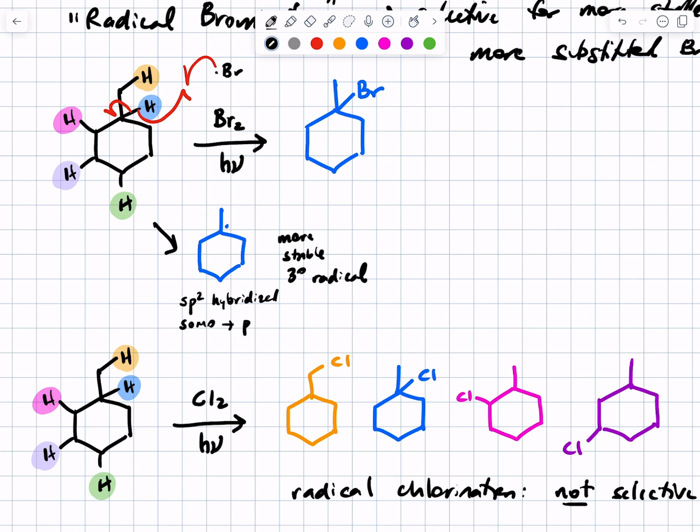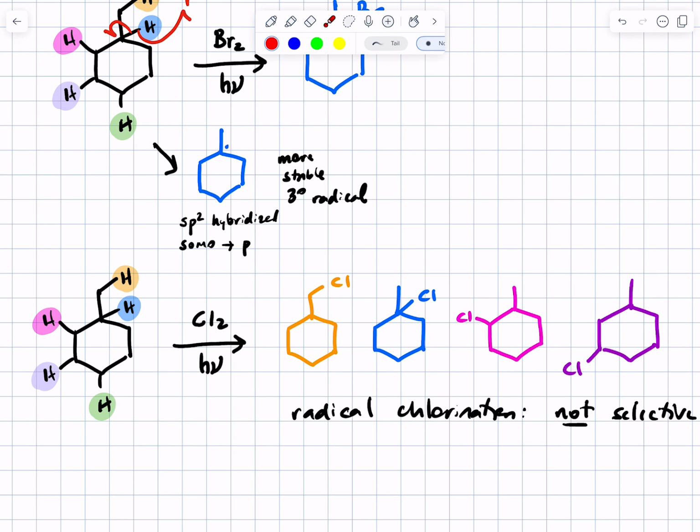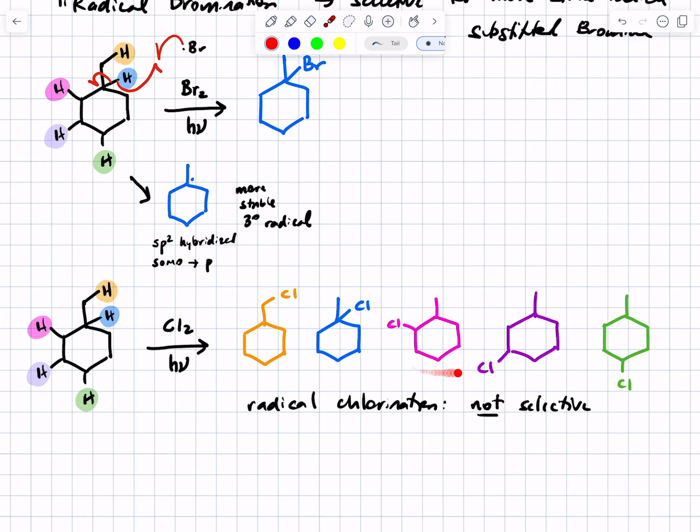So every place where there's a chlorine, we expect to get, if it's a stereocenter, both configurations. And in some cases, this gets complicated. In the orange and blue products, those are not stereocenters, so no big deal.